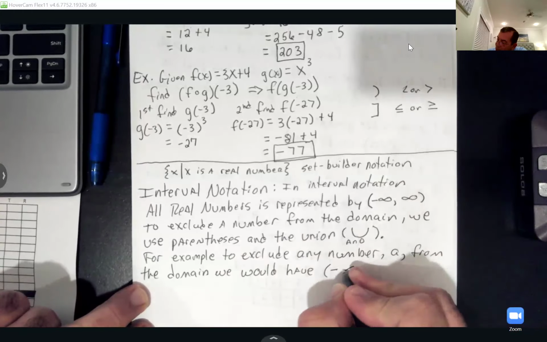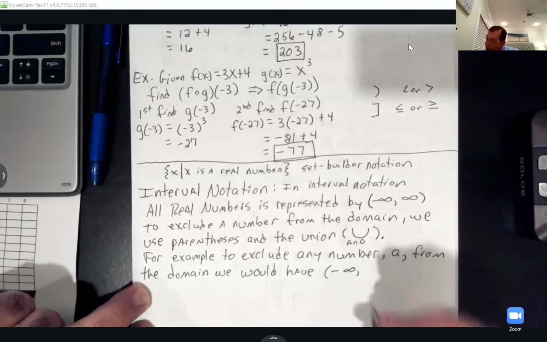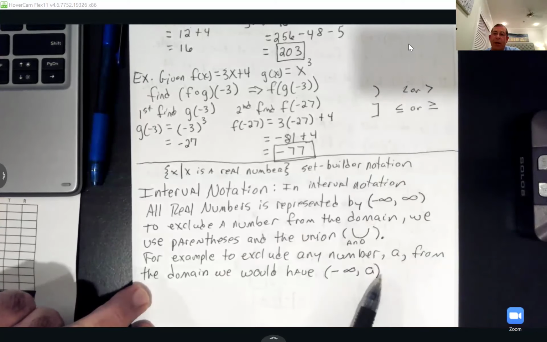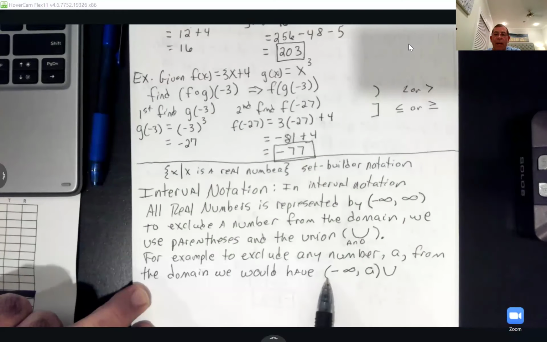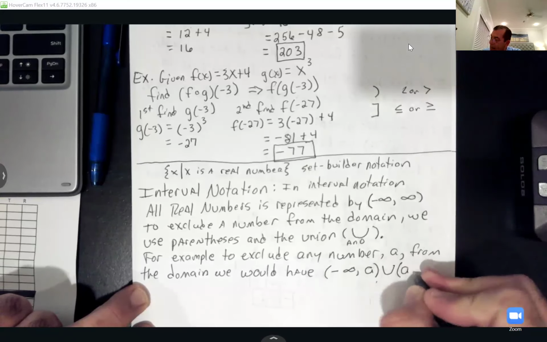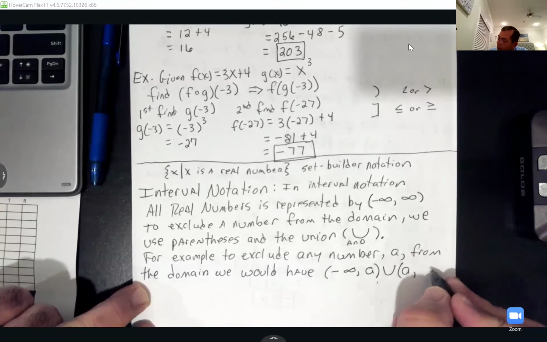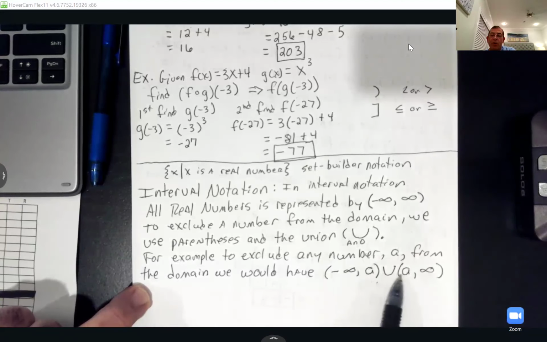So you're still starting at negative infinity, but to kick out this number A, I go from negative infinity up to A, curvy parentheses. Remember that curvy parentheses means we do not include the A. And then we're going to union, because I can start on the other side at A, but not include the A, and head towards positive infinity. So this is how we exclude numbers using the little union here.